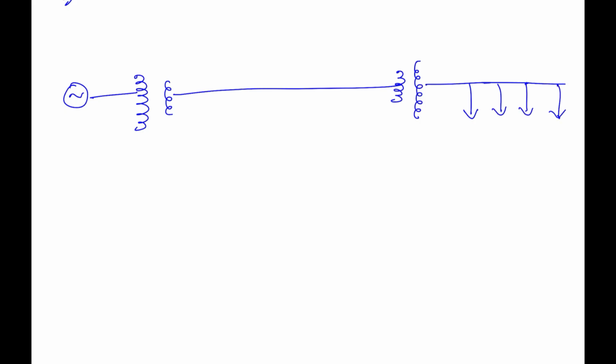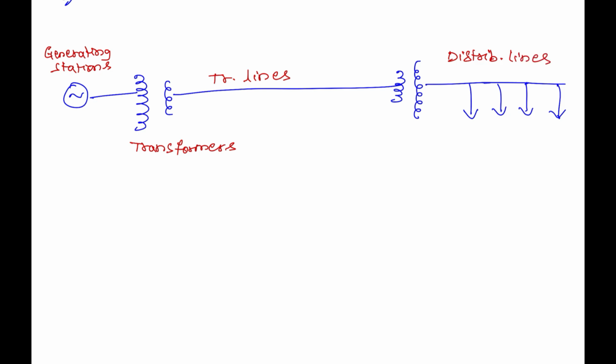In these distribution lines the loads are connected. So: generating stations, transformers, transmission lines, distribution lines, and loads.